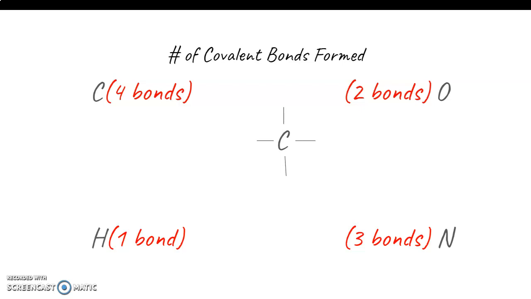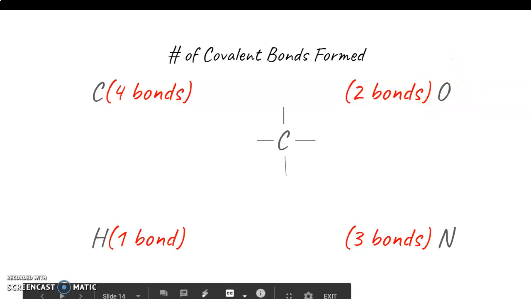What I did not represent would be the oxygen, which forms two bonds, the nitrogen, which forms three bonds with other atoms, and the hydrogen, which only forms one.